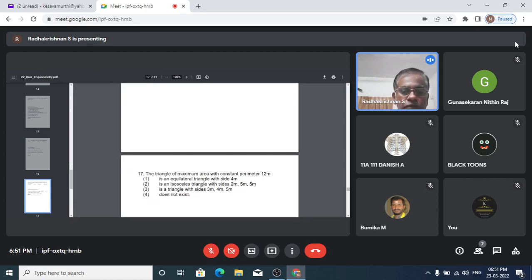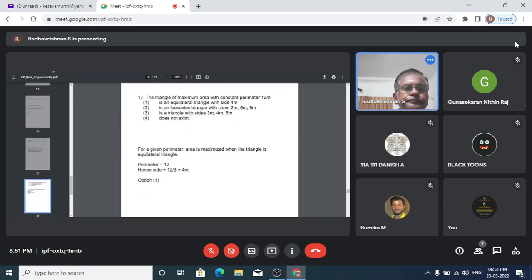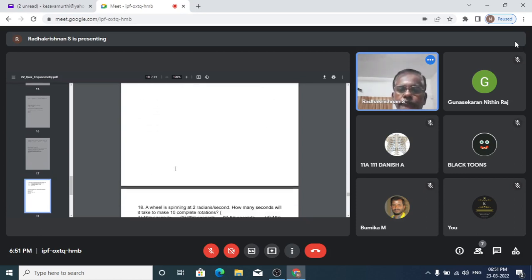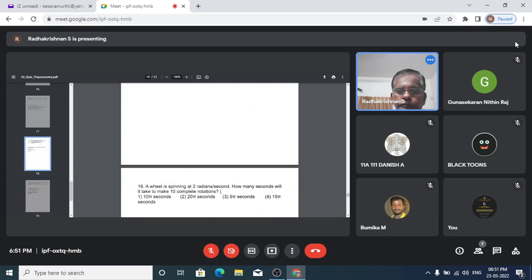So option 1 is that one, equilateral triangle with side of 4 meter. Let me move on.